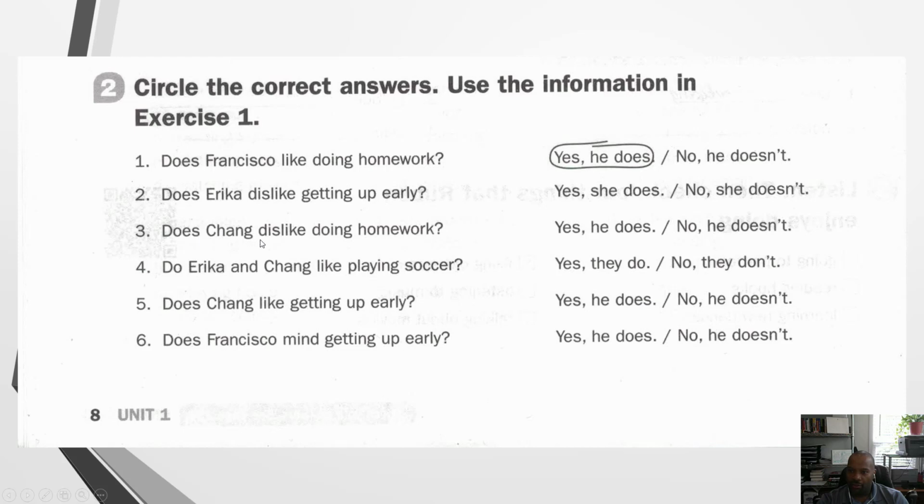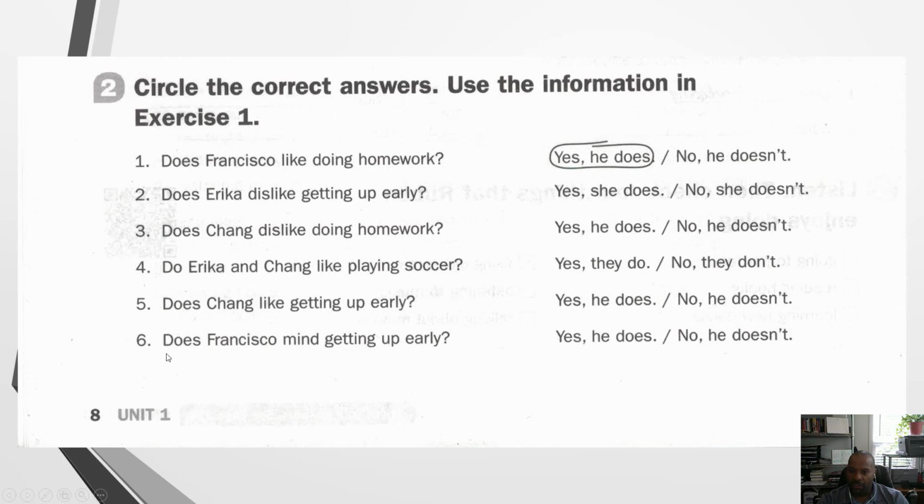Does Chang dislike doing homework? I put down no, he doesn't. Do Erica and Chang like playing soccer? I put down yes, they do. Does Chang like getting up early? I put down no, he doesn't.